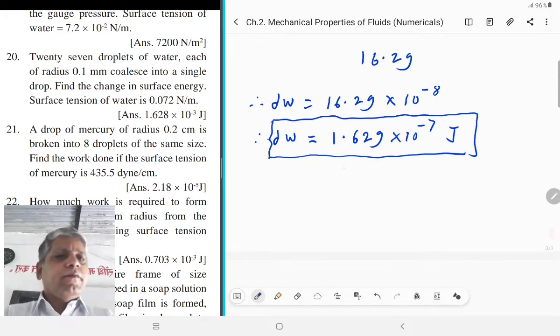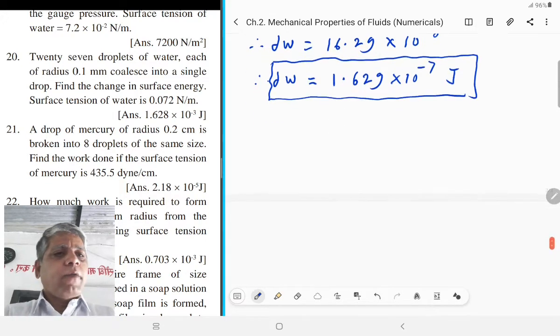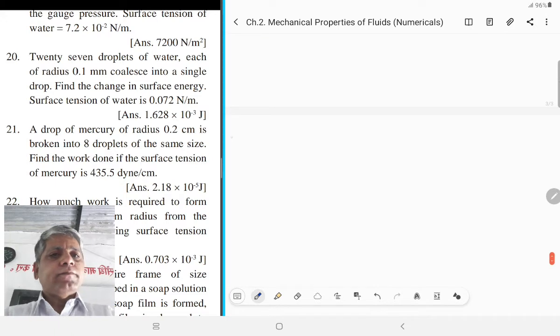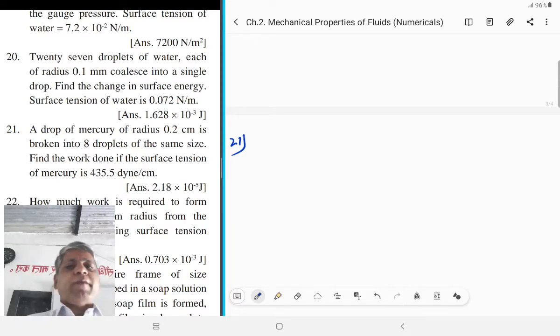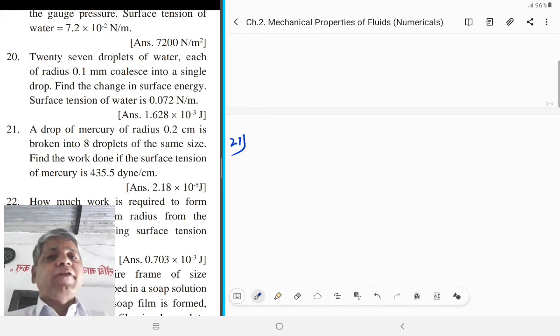Next numerical, that is question number 21. A drop of mercury of radius 0.2 centimeter is broken into 8 droplets of the same size.